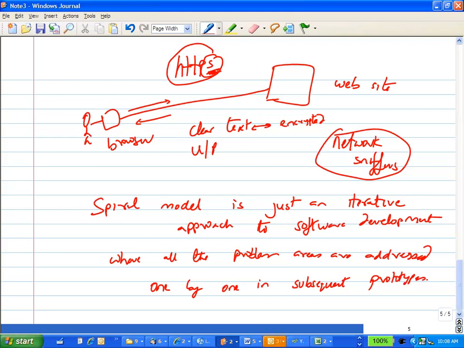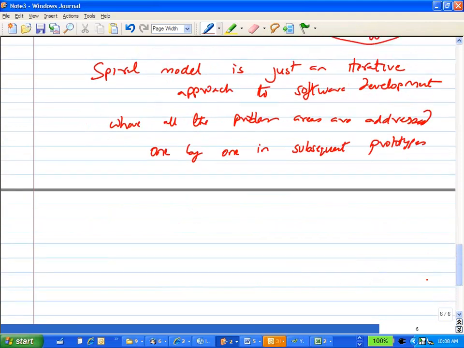That's what a spiral model is. You're just working on the product and dealing with individual risk items one by one. That's what it is. Make sense? You might want to memorize this.